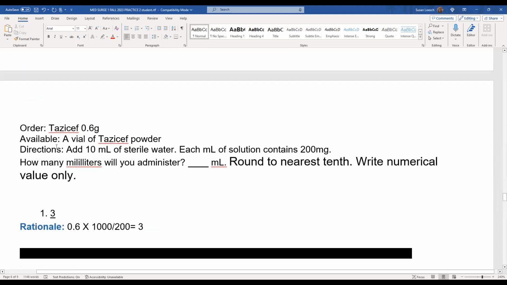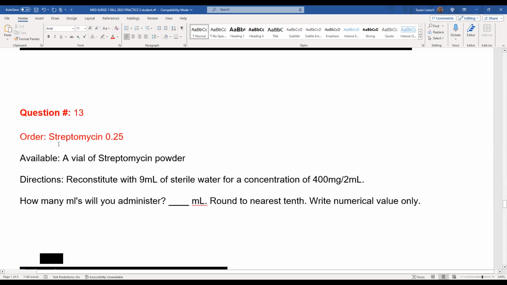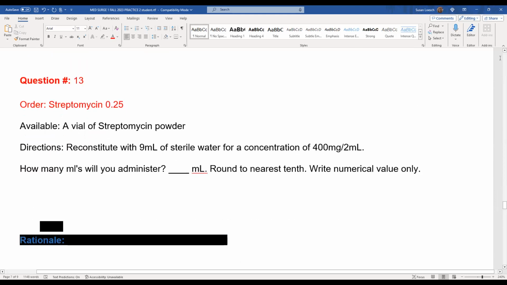We did this one. Okay, we do this one. We didn't do this one. Oh, this has a problem though. Let's make this milligrams.